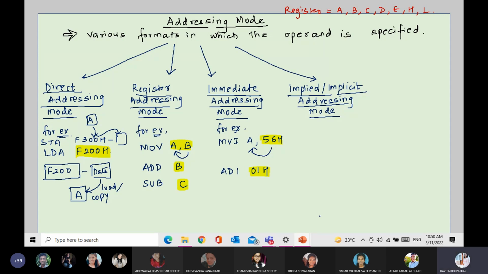So in implicit addressing mode there is no operand specified. The meaning of the execution of the instruction is already predetermined.